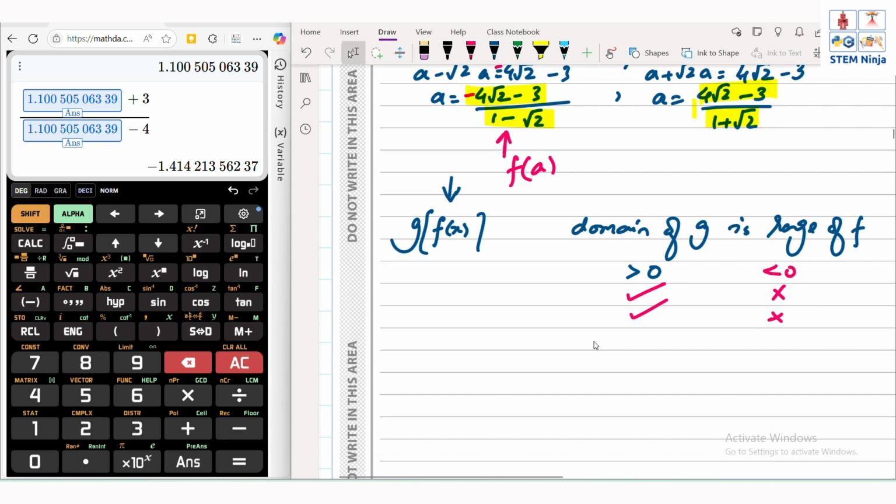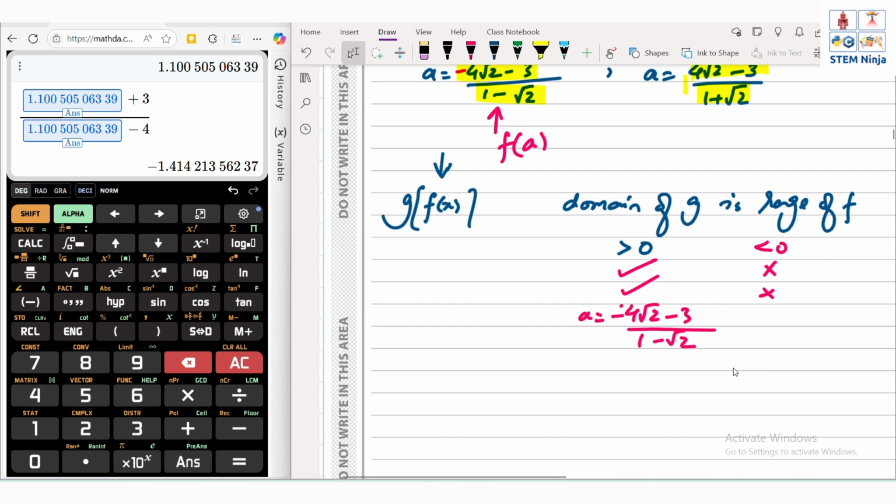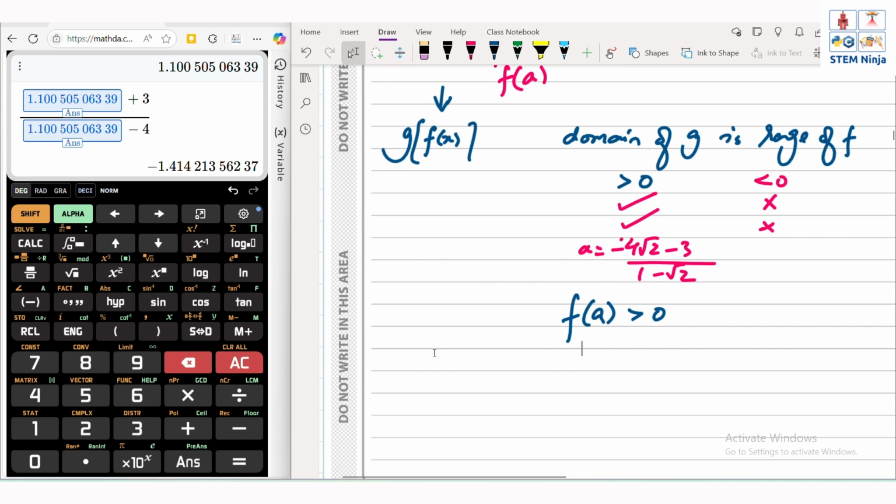So this means that a that we are selecting is (minus 4 root 2 minus 3) divided by (1 minus square root 2). So this means that f of a is greater than 0. So this is what we need. Now we rationalize a. So a is equal to (minus 4 root 2 minus 3) divided by (1 minus square root 2) times (1 plus square root 2) divided by (1 plus square root 2).